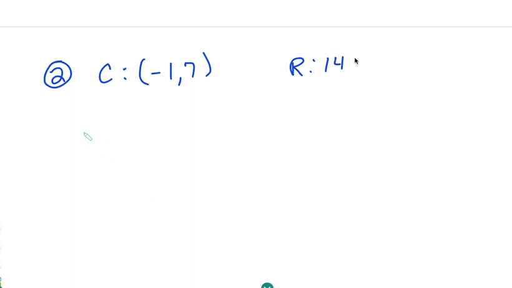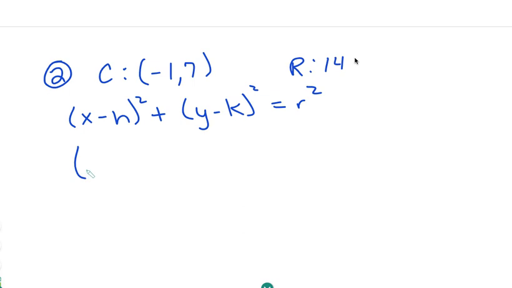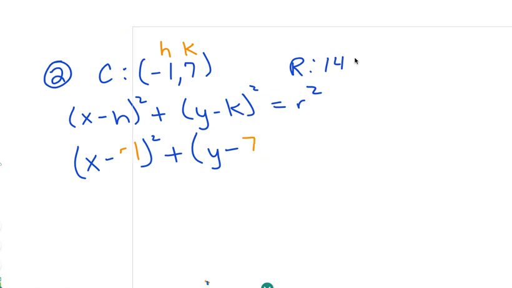So we're going to write our formula. (x - h)^2 + (y - k)^2 = r^2. (x - (-1))^2, because this is my h and this is my k, + (y - 7)^2 = 14^2.